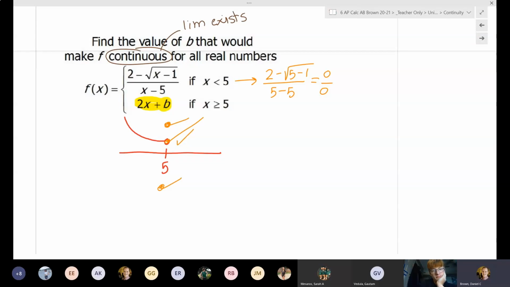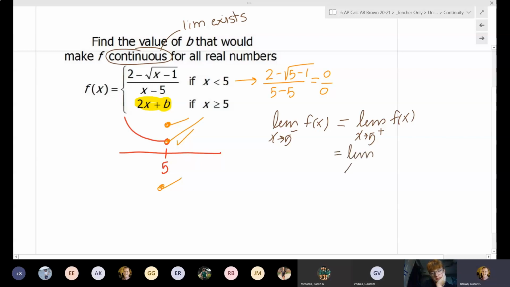So my setup for this question is I want to find the limit as x goes to 5 from the left of f of x, and if it's continuous, that needs to be equal to what's happening as x goes to 5 on the right-hand side of that function. The easy part is the right-hand side, because that's just the limit as x goes to 5 of 2x plus b. I can go ahead and do my direct substitution: 2 times 5 plus b is 10 plus b.